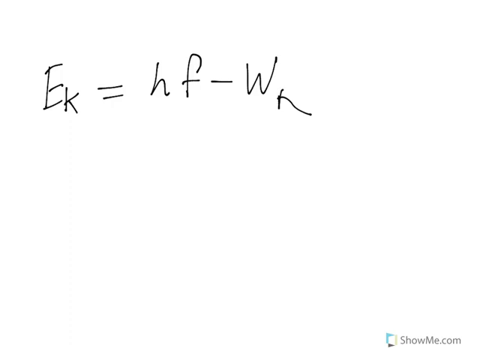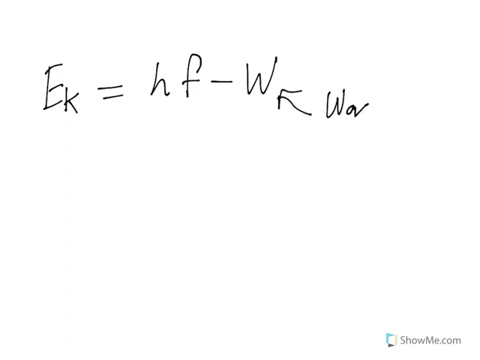And then the next dot point, and this next dot point's the more important one, is that the kinetic energy of that photon will be the hf, the energy of the photon, minus the work function. So minus how much it's going to take to get that electron out of the atom.